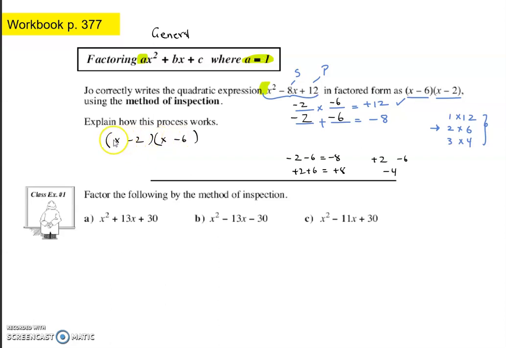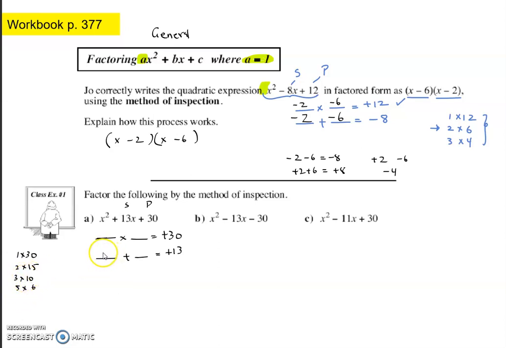Let's take a look at the next one. Again it's SP: I want my product to be positive 30, and my sum to be 13. Numbers that make 30 are 1 and 30, 2 and 15, 3 and 10, 5 and 6. So 3 and 10 might work.